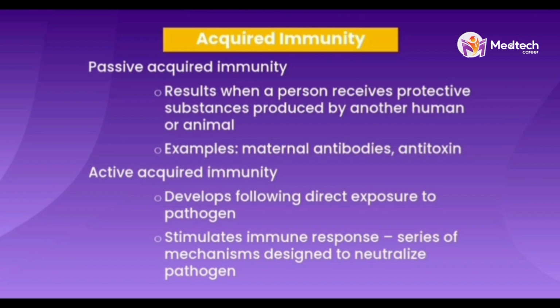Passive acquired immunity results when a person receives a protective substance produced by another human or animal. Examples: maternal antibodies, antitoxin. And next, active acquired immunity. It develops following direct exposure to a pathogen. It stimulates an immune response, a series of mechanisms designed to neutralize the pathogen.